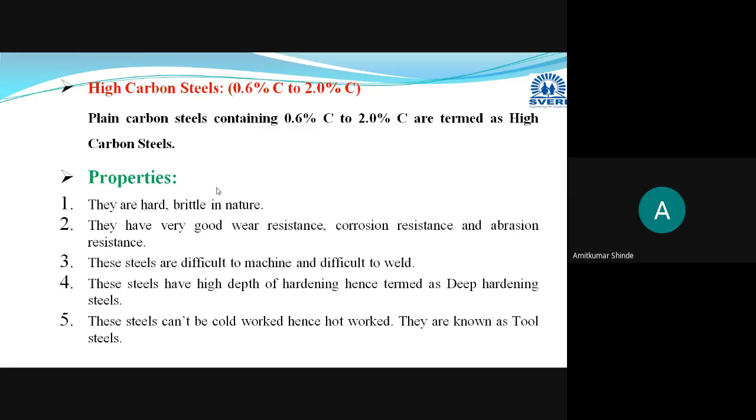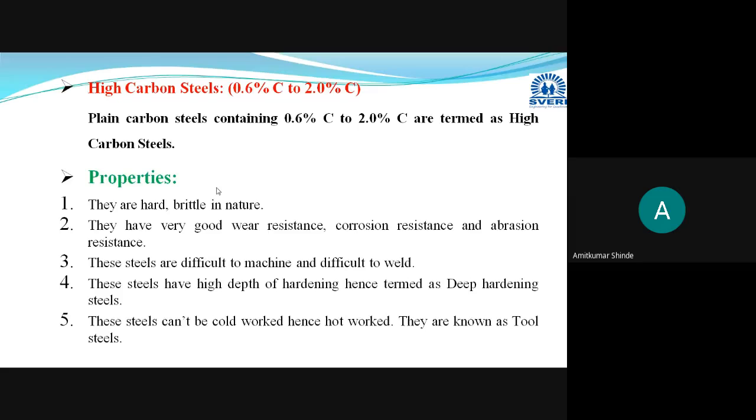Just try to understand that whenever carbon percentage is low, it is difficult to do the hardening, and as carbon percentage increases, you can do the hardening process easily. Depending on that, these plain carbon steels, that is low carbon, medium carbon, and high carbon steels, are termed as follows. Low carbon steel will be termed as non-hardening steel.